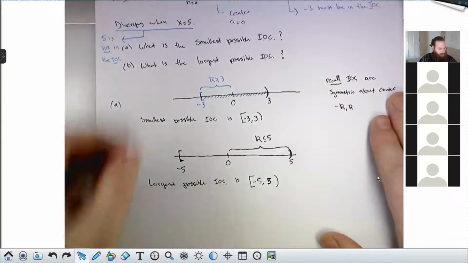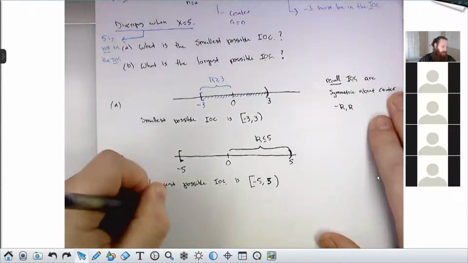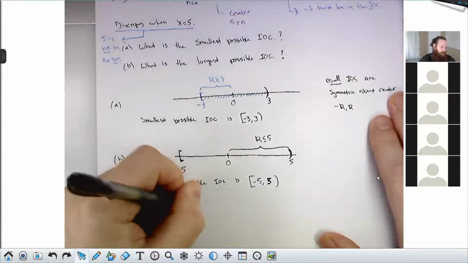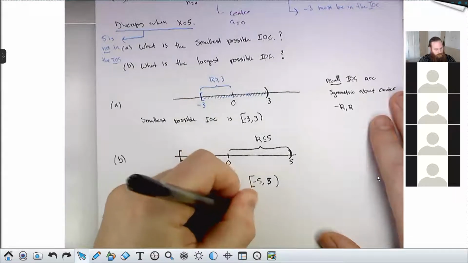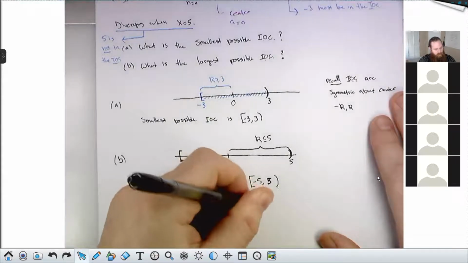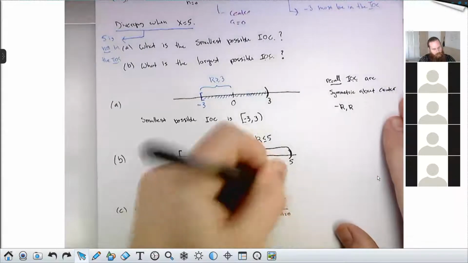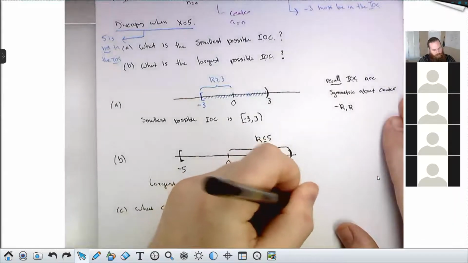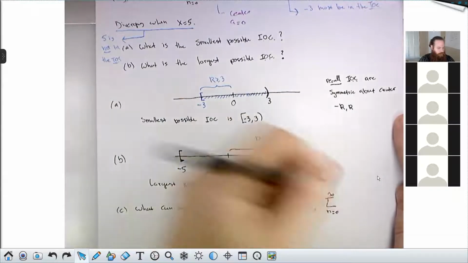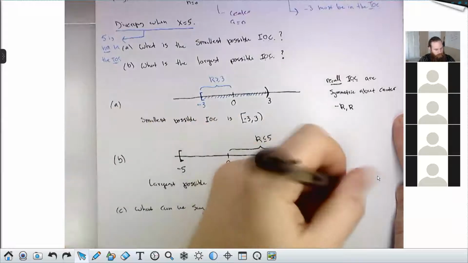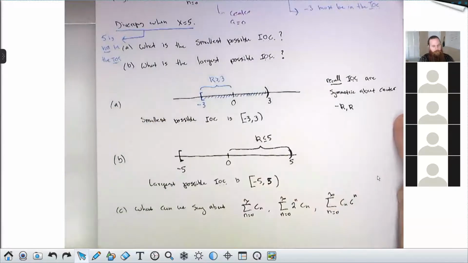So under these conditions, what can we say about the series, let's say sigma n from 0 to infinity of just Cn, sigma n from 0 to infinity 2 to the n Cn, sigma n from 0 to infinity Cn times 6 to the n.